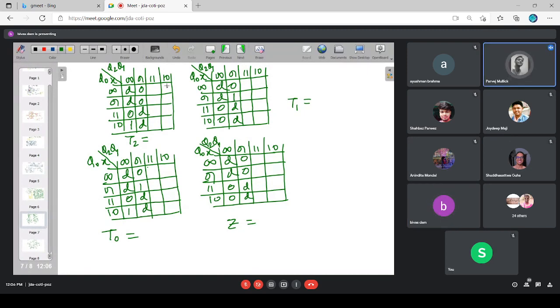1 0 0 0, 0 0 1 0. Then 1 0 0 1, 1 0 1 0. Then this cell 1 0 1 0, 1 1 1 0. 1 0 1 1, 0 1 0 1.